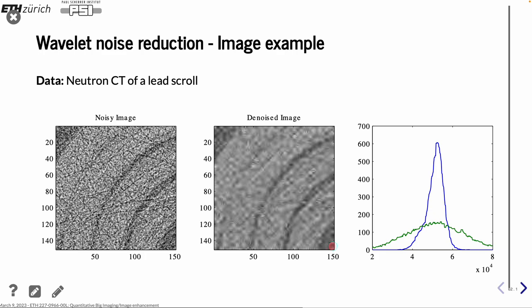We have a very noisy image, and by doing this kind of thresholding in the detail, you can get this. One thing you may notice is that in some places we have small ringing effects, and that's typical when you work with wavelets.